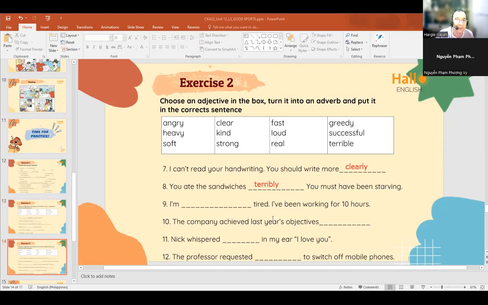I'm... it starts with the letter R. I am really tired. I've been working for 10 hours. Okay, so the correct adverb is really. Next, what about number 10?